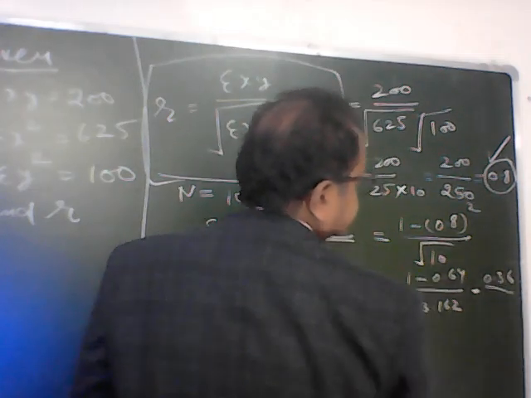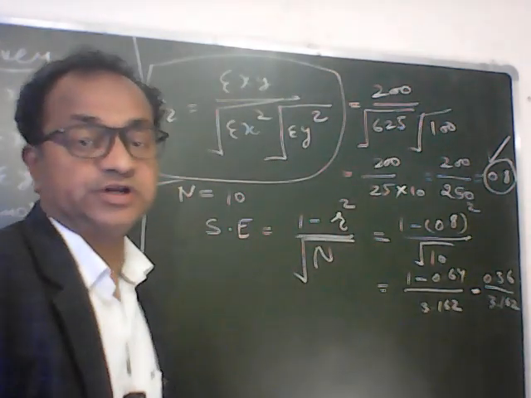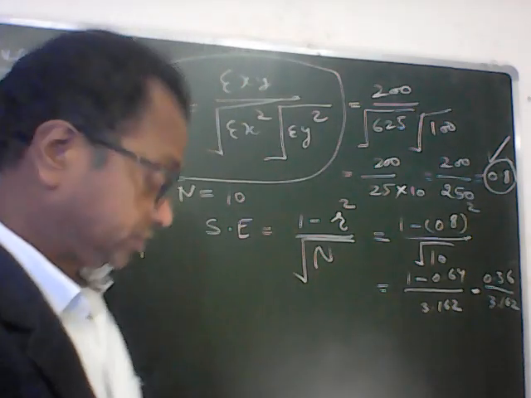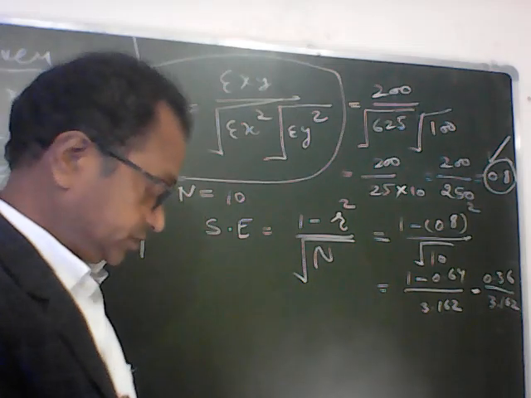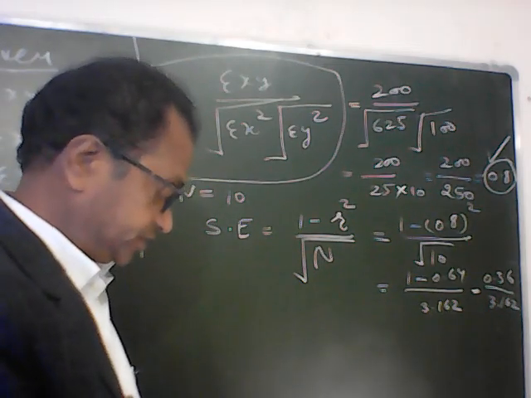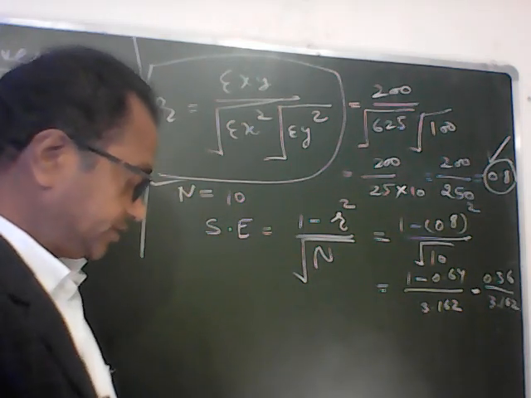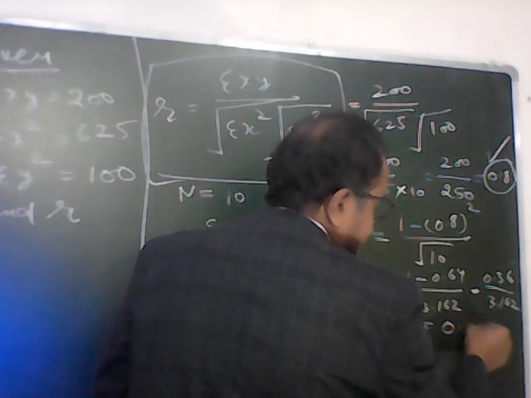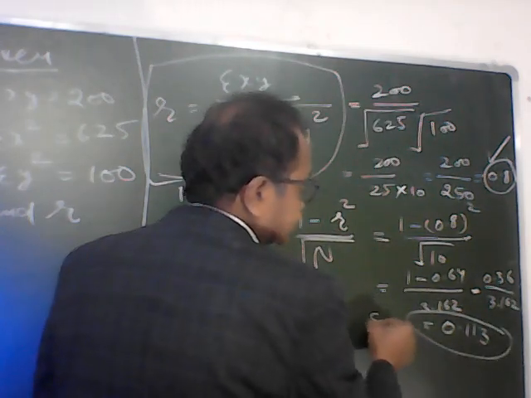We got the value 0.36 divided by 3.162. Let's solve this with the help of a calculator. 0.36 divided by 3.162 will be 0.113. So 0.113 is the standard error.